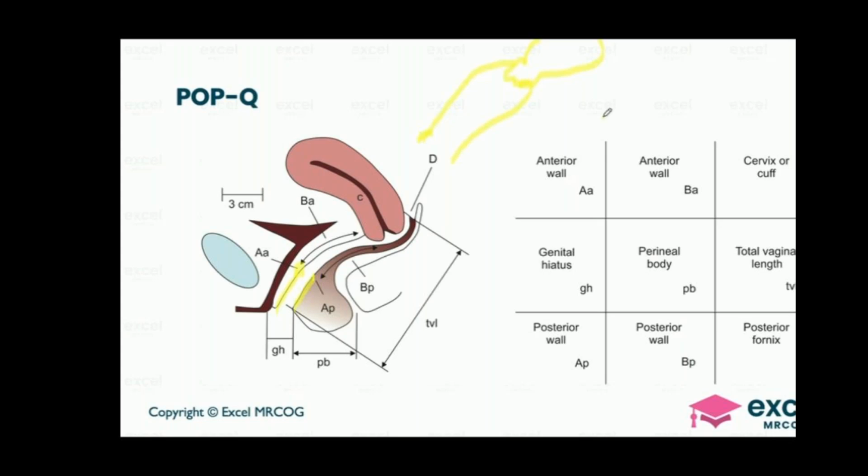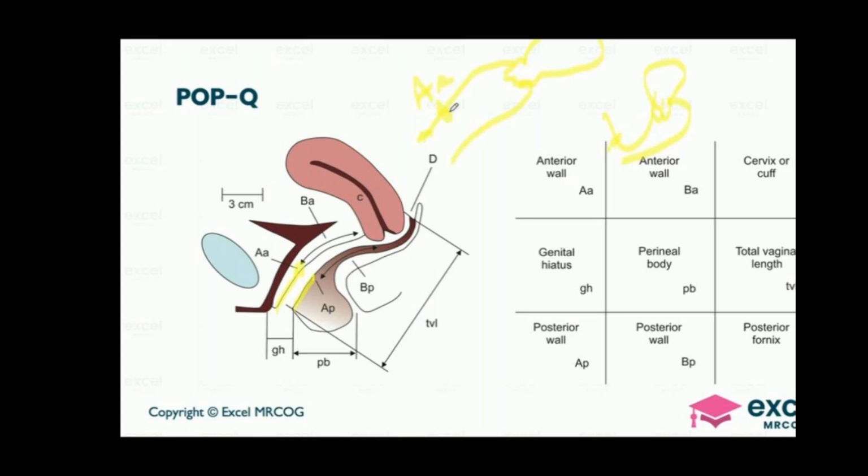Now, if there is an anterior wall prolapse, the posterior wall is fine, but the anterior wall has prolapsed. Point AA is a fixed point here. You will only see where that point goes when you are marking point A.